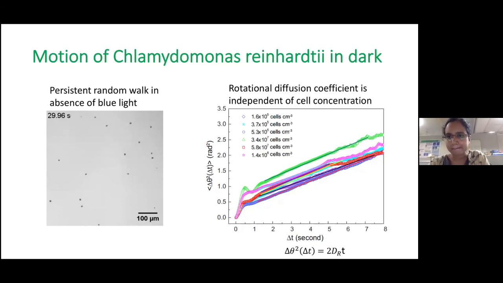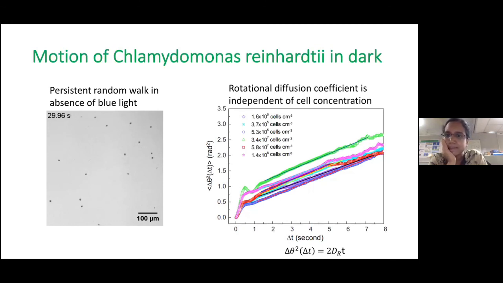True. But this gives you the persistence of the average cell. I am asking if I look at the orientation of one cell with respect to the orientation of another, in a flocking sense.